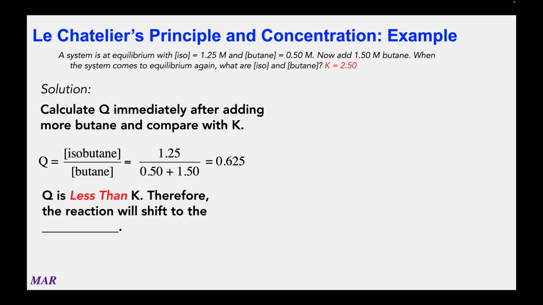And when Q is less than K, that means you're going to have a shift to the right. The Q value wants to be more like the K value, 0.625 wants to be more like K. And that can only happen if that number gets bigger. And numbers will get bigger if you have a bigger numerator at the top or a smaller denominator at the bottom. So this is going to be a shift to the right, absolutely.